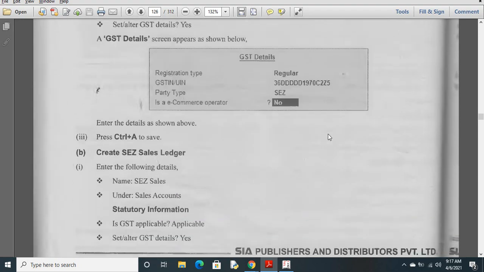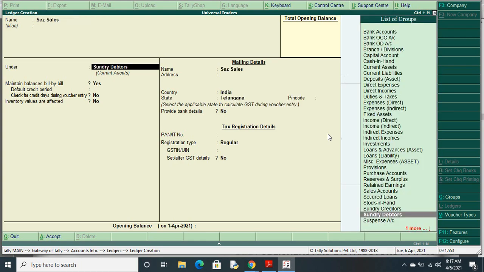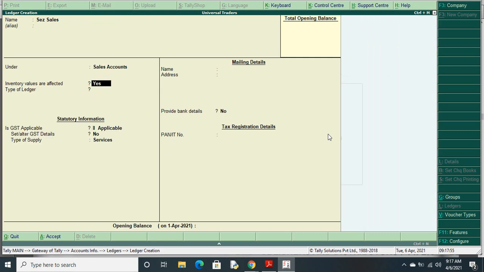Next, we have to create the sales ledger. SEZ sales, under sales accounts, GST applicable, yes.